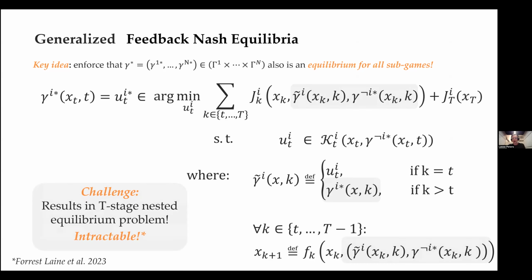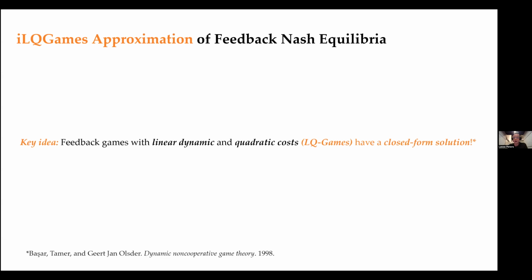Okay, and that is exactly what motivates the development of ILQ games, which is an algorithm for approximating feedback Nash equilibria. The key idea of ILQ games is that when the dynamics in a game are linear and the costs are quadratic, we get a so-called LQ game.